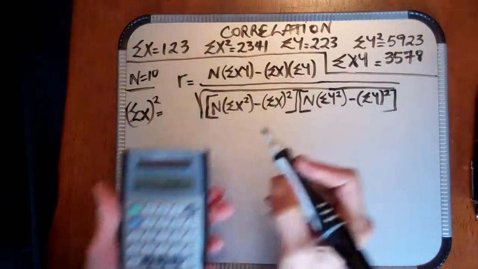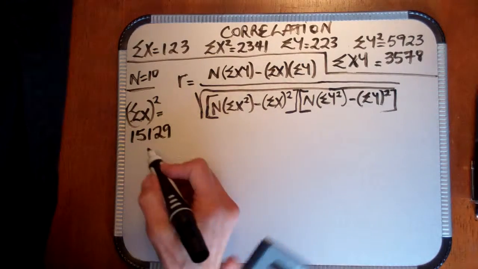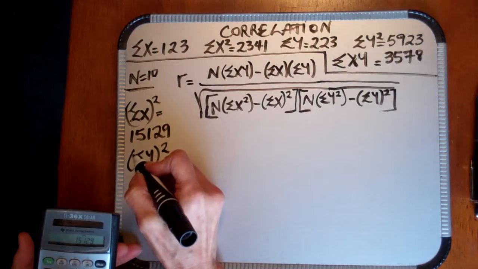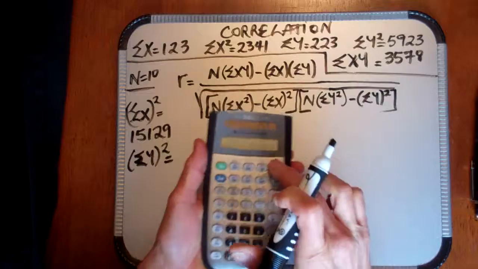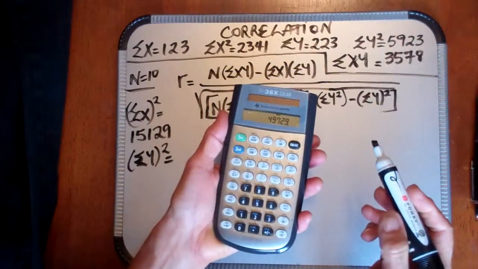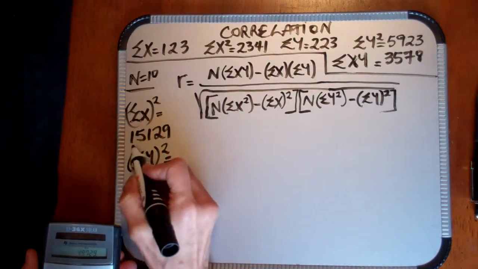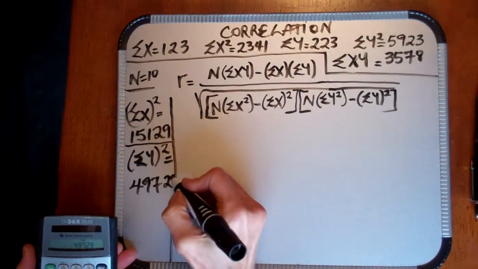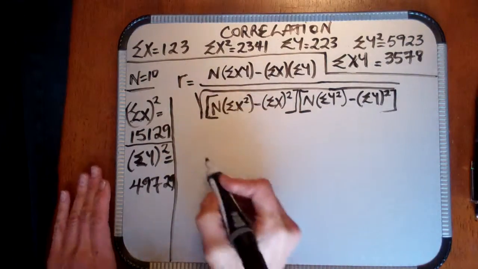We're going to square 123 and we get 15,129, and then we're going to take the sum of the y squared equals, and the sum of the y's was 223, and we're going to square that, and you get 49,729. Great. Now you have all of the values that you need to calculate this formula, right?